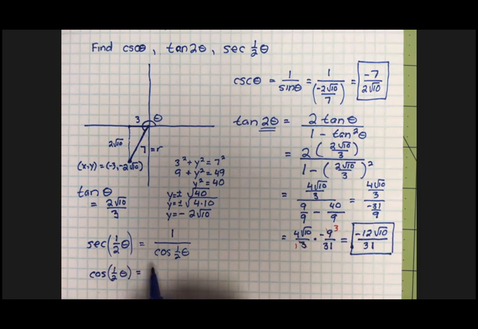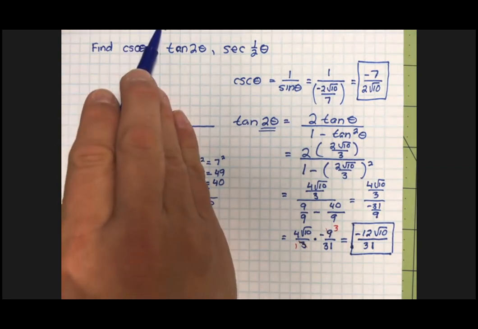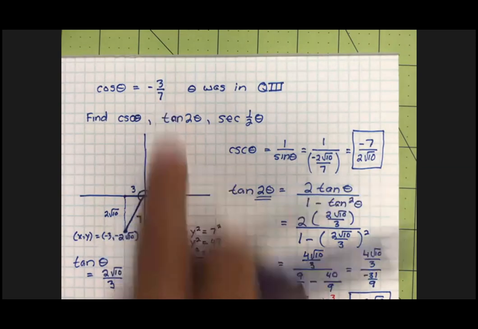By our half angle formula, I have to choose plus or minus the square root of 1 plus cosine theta over 2. In this problem, the cosine of theta was given to me outright at the beginning, minus 3/7.